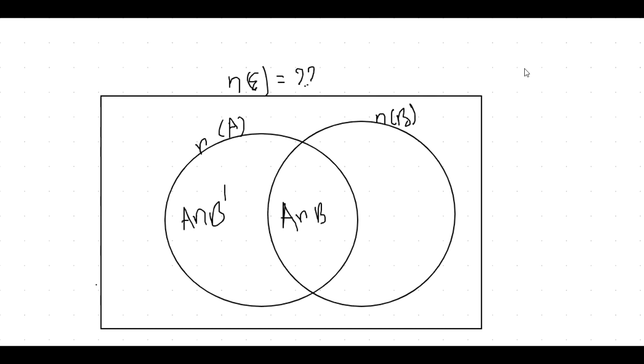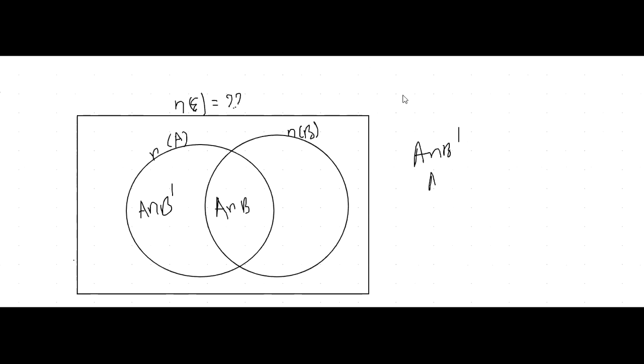Teacher, why not A only? A intersection B complement is another way of saying A only, because here we are looking at members who are only in set A and not in set B. So it can be written as A only or A intersection B complement.